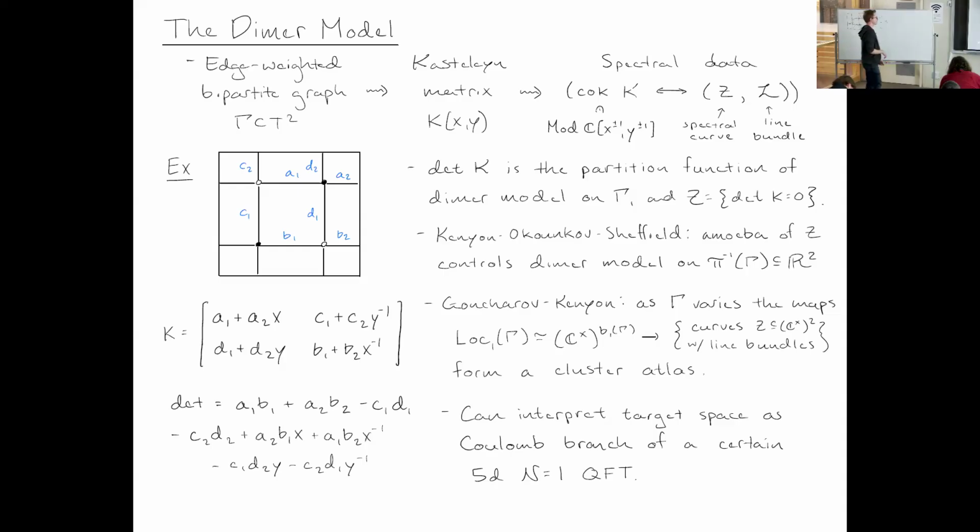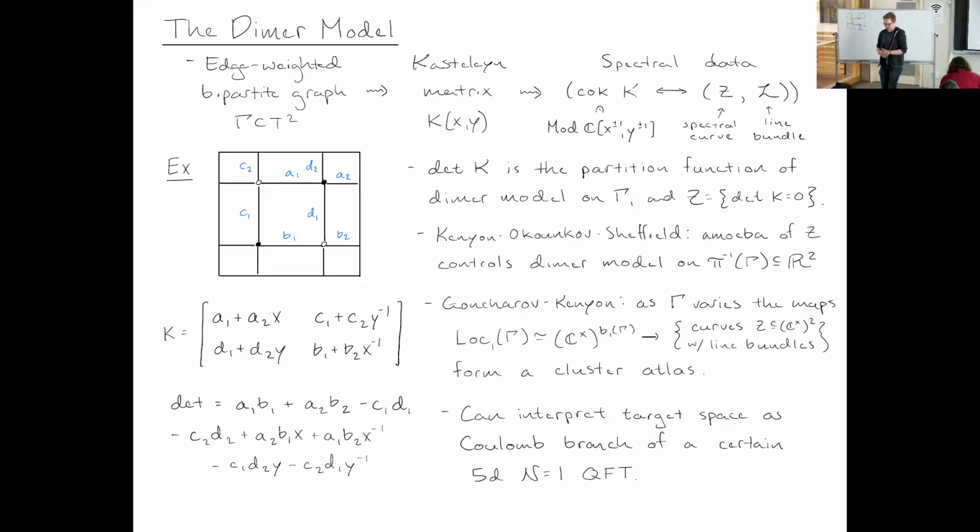So I can really think of this as a function from the space of rank 1 local systems on the graph, which is an algebraic torus of some dimension, to the space of curves with line bundles on the algebraic torus.